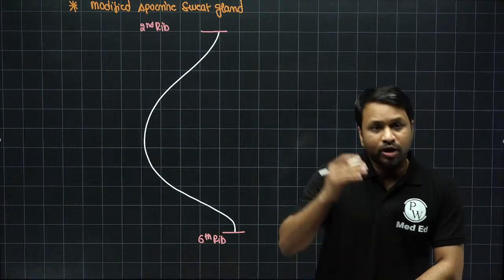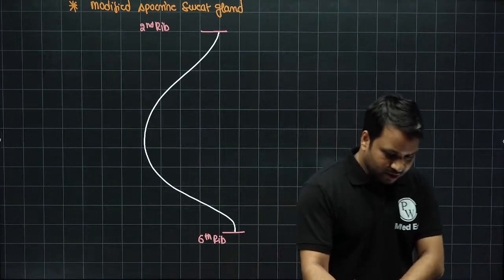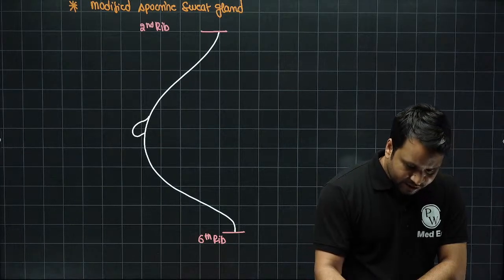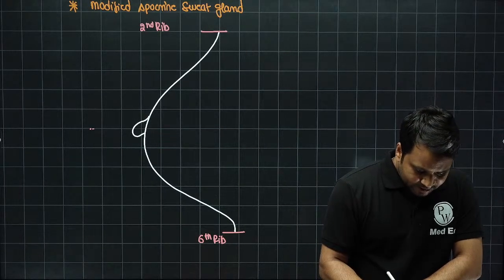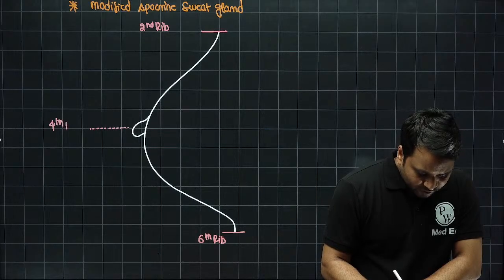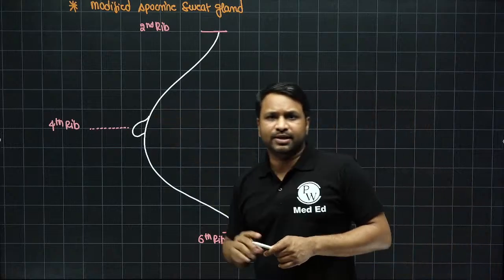So the craniocaudal extension of the breast starts from the second rib and ends at the level of the sixth rib. The nipple usually falls equidistant from these places, at the level of the fourth rib. So this is your entire breast parenchyma, right?